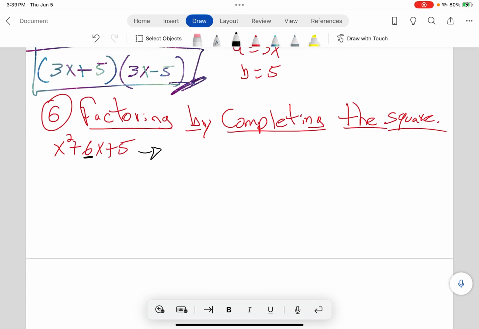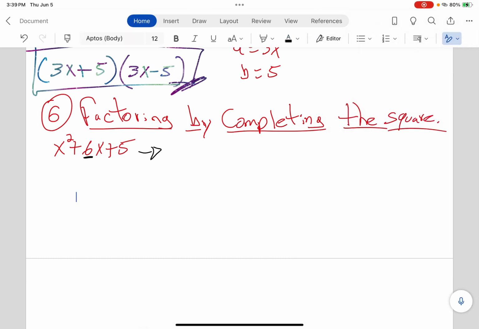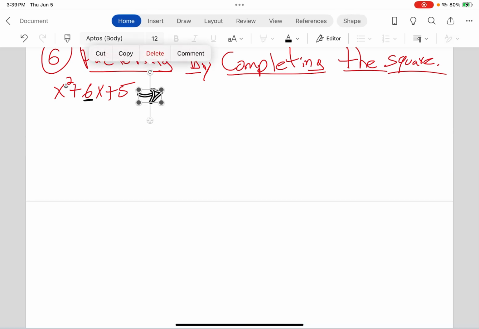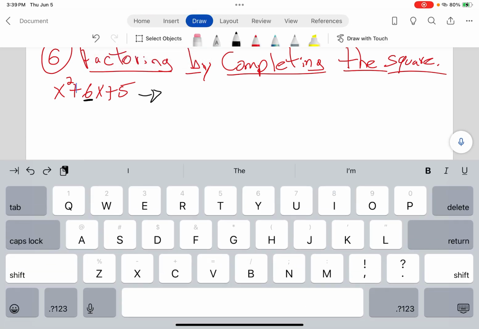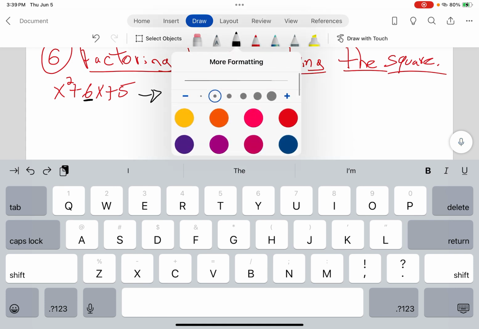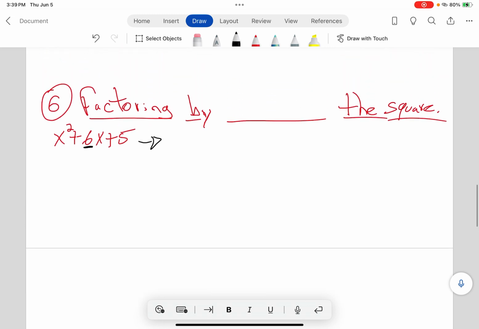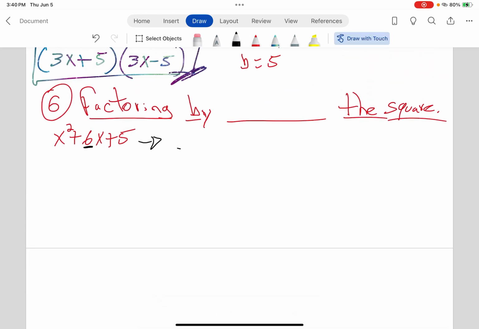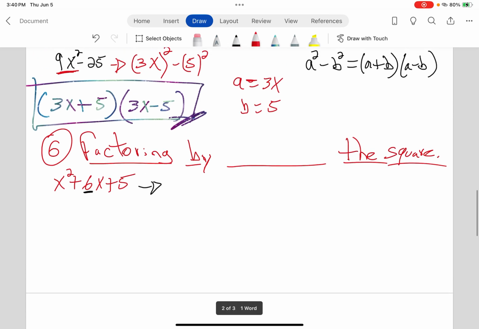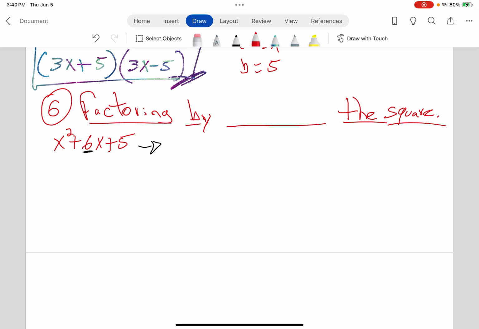Wait a moment, please. Here we go. I erased something here, which was factoring by completing the square. The square.